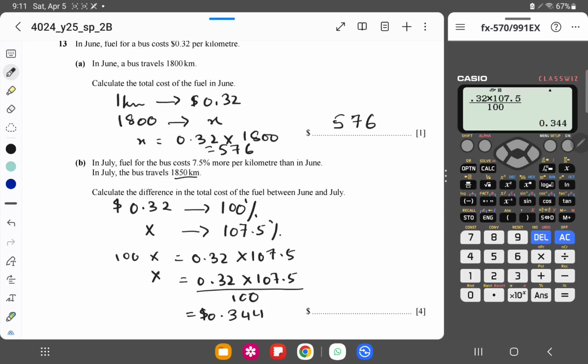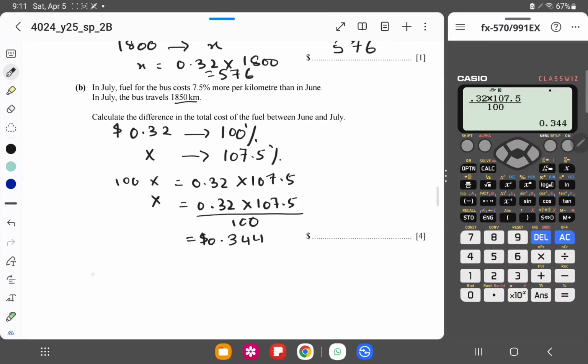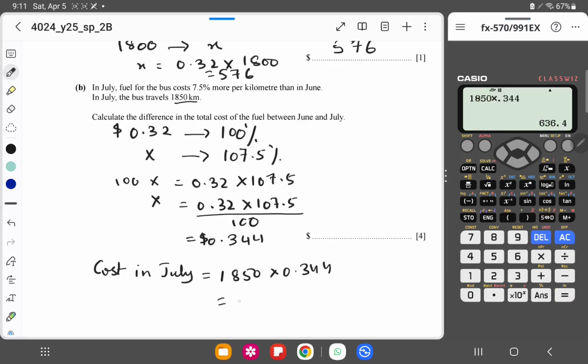The cost in July was per kilometer, so the total cost in July is equal to 1850 times 0.344, which becomes $636.40.